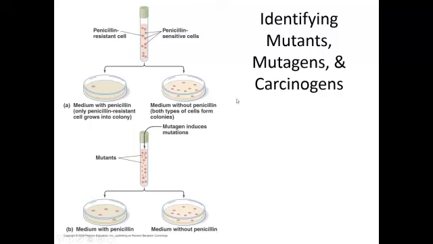Now this diagram, where we were looking for the organisms that are penicillin resistant, is a direct method of identification. My example with tryptophan is an example of indirect identification, where I'm looking for who's missing.